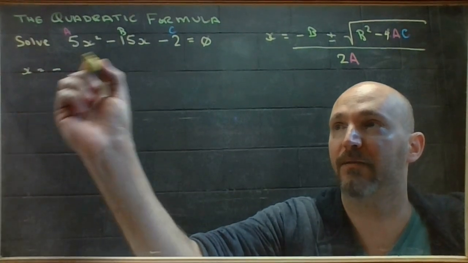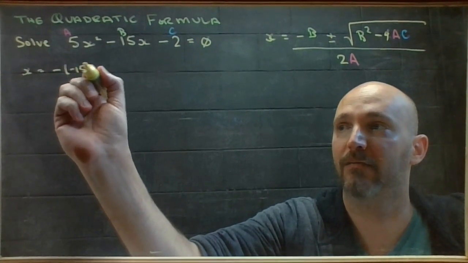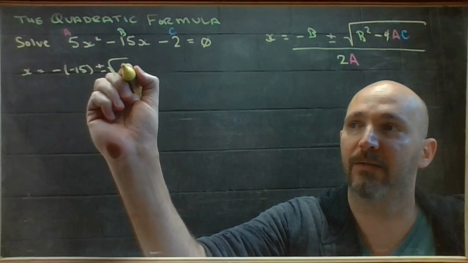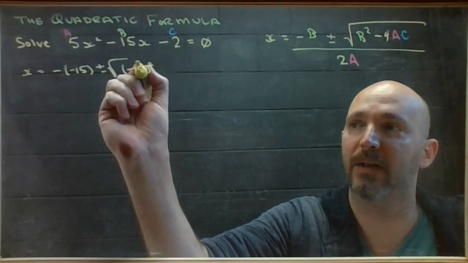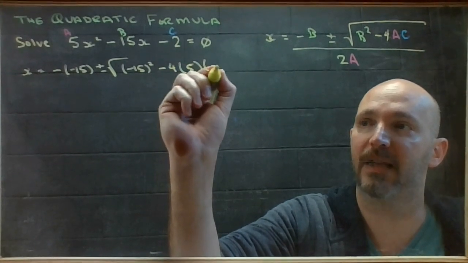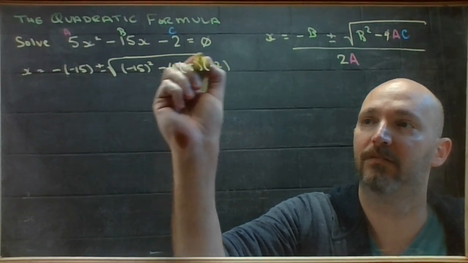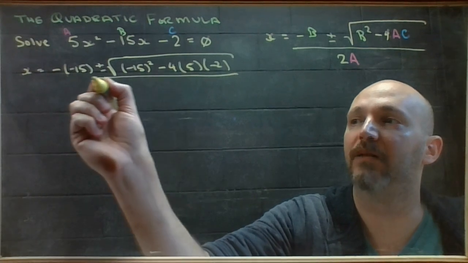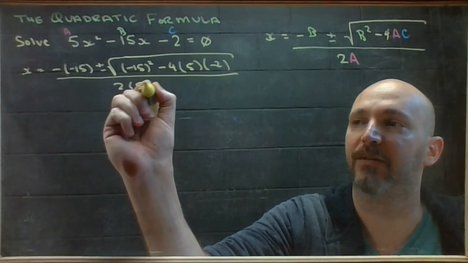So -15 plus or minus the square root of -15 squared minus 4 times 5 times -2, all divided by 2 times 5.